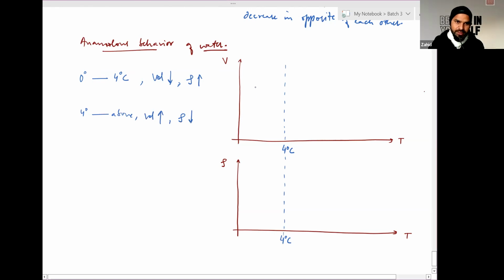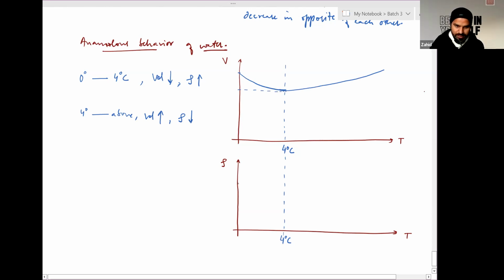So if you plot the curve related to this part, at 0 degrees Celsius it will have some larger volume. On increasing temperature, volume will start decreasing to this lowest point and then start increasing with rising temperature. So you will say at 4 degrees Celsius, it will have the least volume.